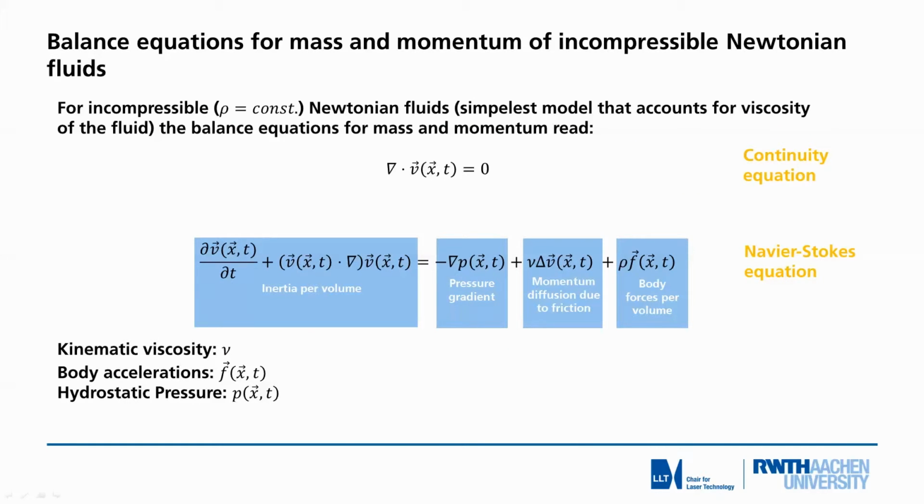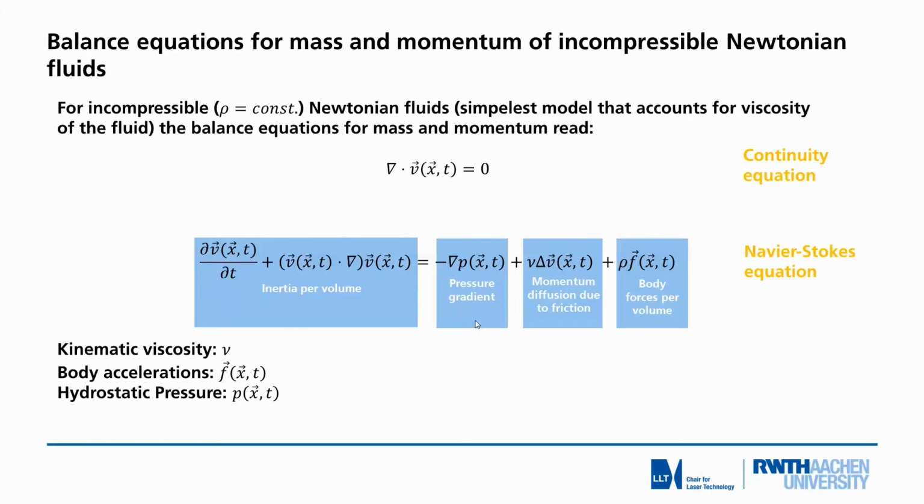In this more simplified case of an incompressible Newtonian fluid, the equations can be simplified as follows. So the divergence of the velocity is then 0, and the inertia per volume can be expressed as the sum of 3 terms.